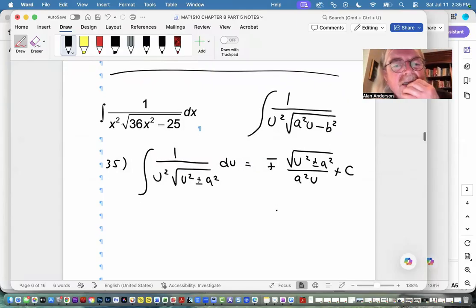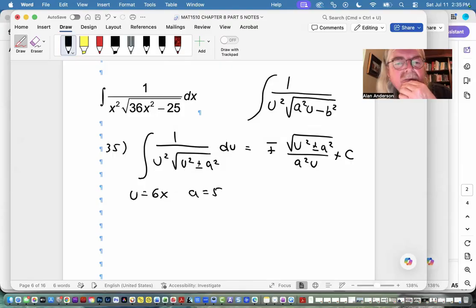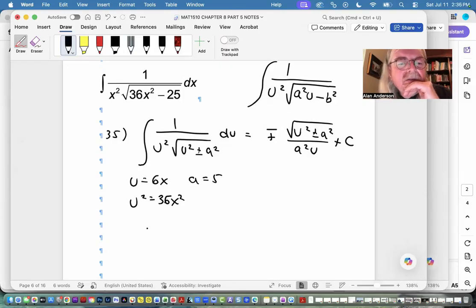But then if that's the case, then I think what we're going to have to do is u would have to be 6x. A would be 5. So that u squared would be 36x squared. All right, so here's what we're going to have to do. We'll have to rewrite this. We need a 36 that we don't have.